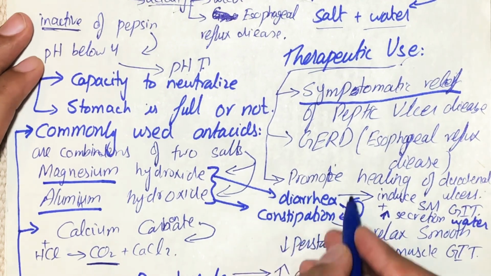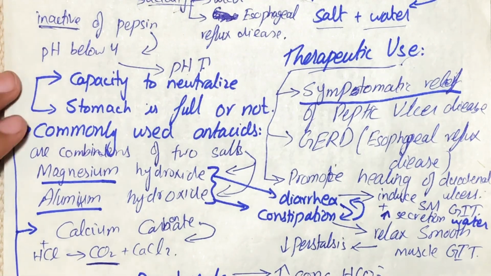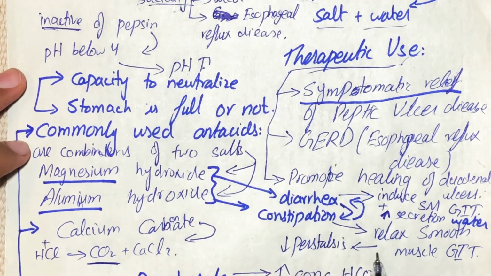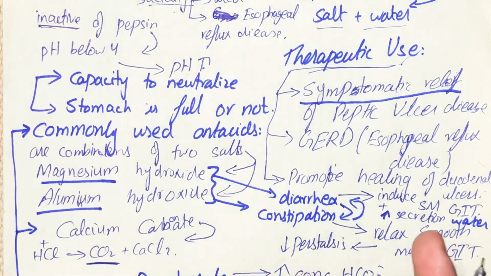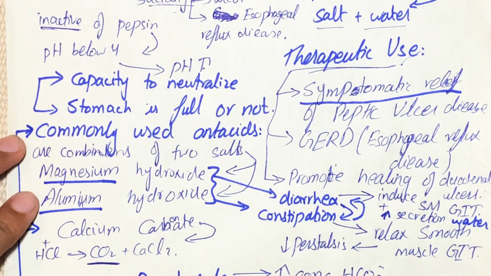There is the occurrence of diarrhea. So for this reason, we combine both of these salts together to avoid these complications. In this way, there will be nullification of these two effects and we will get our ultimate result which we want actually.